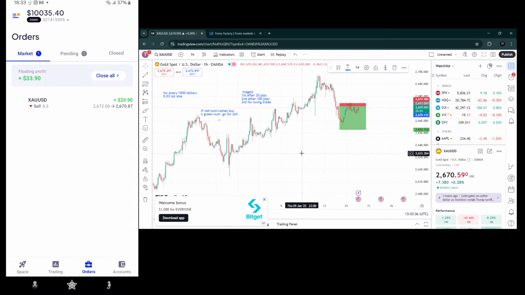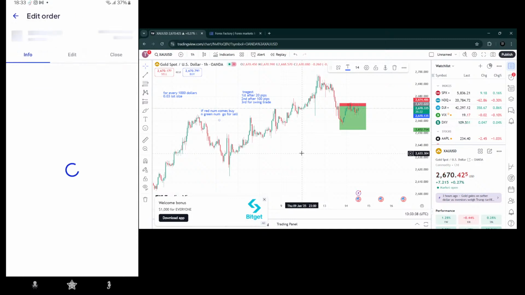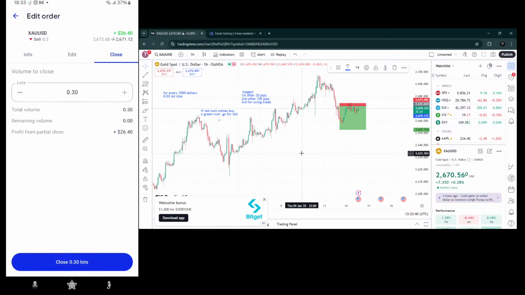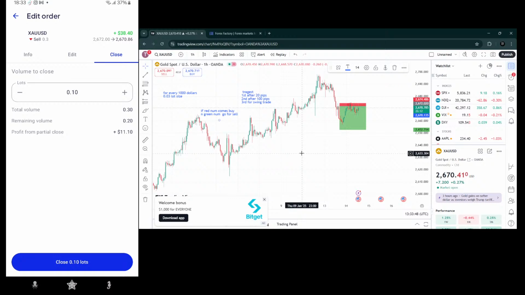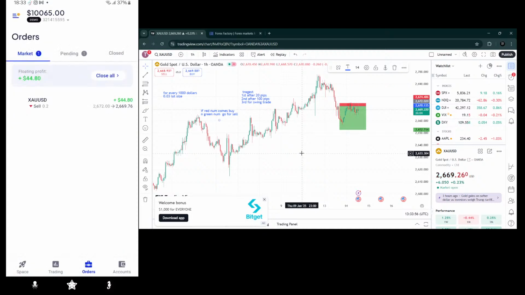And after that, you have to break even. You have to come to close 0.10, done. As you can see, we are getting profit, so I will close this. So as you can see, now 0.02 are left.